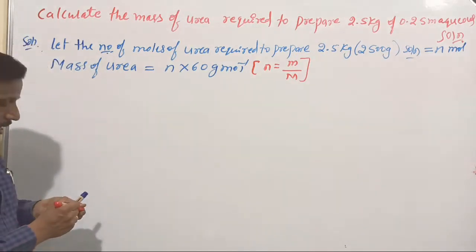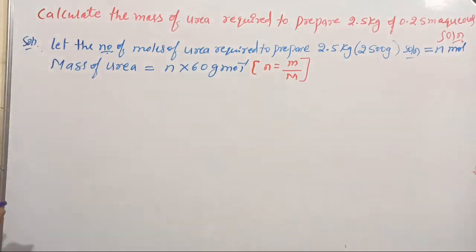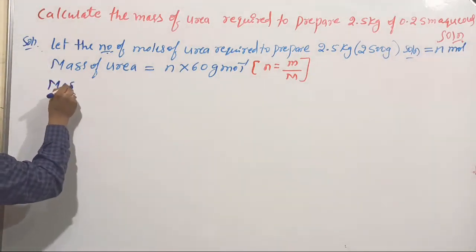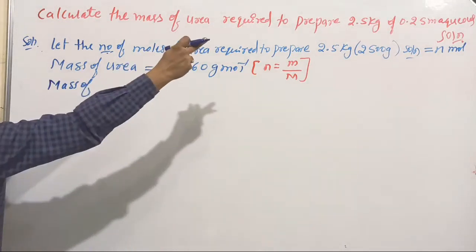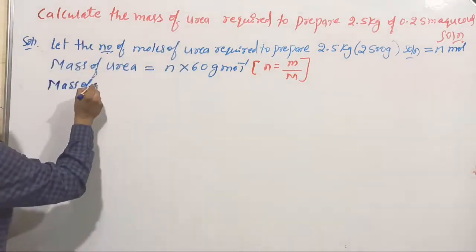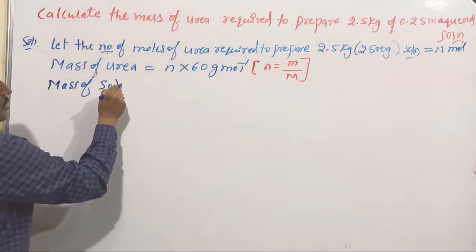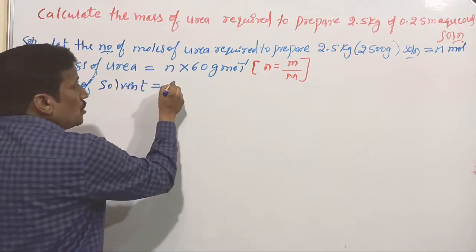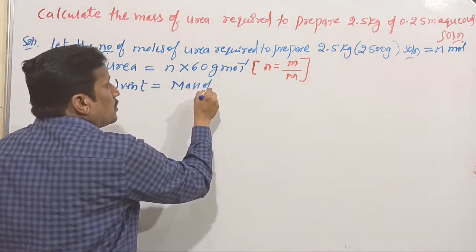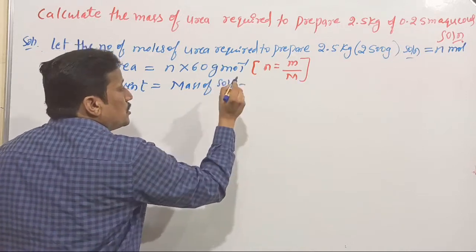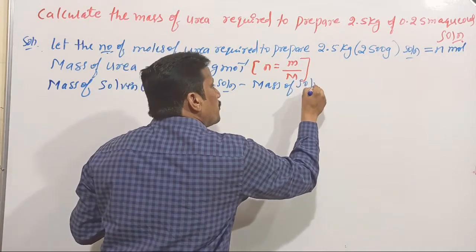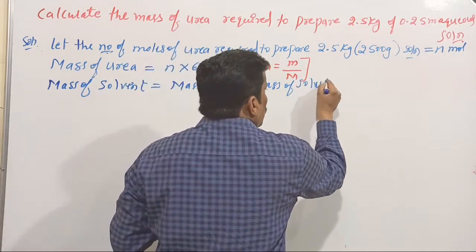Right. Then mass of solvent. Because you are given the mass of the solution, you have to go for mass of solvent. Mass of solvent is equal to mass of solution minus mass of solute.